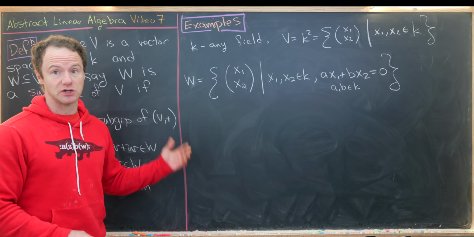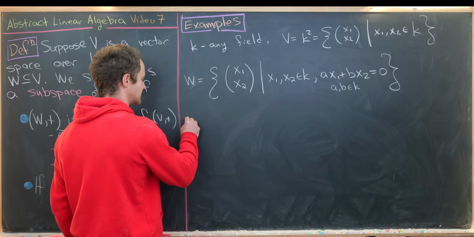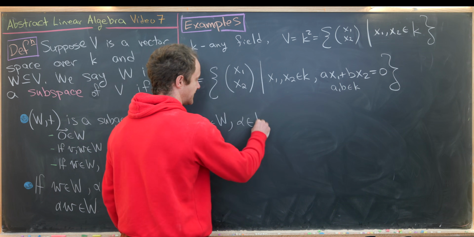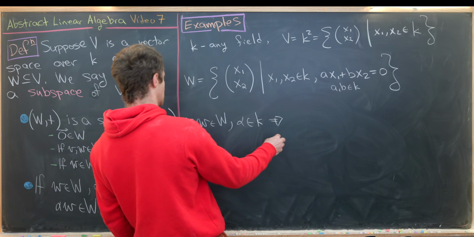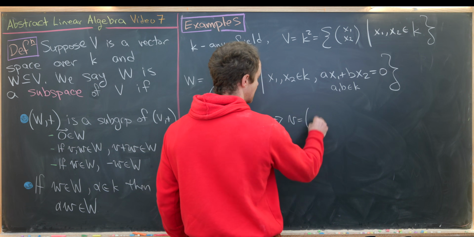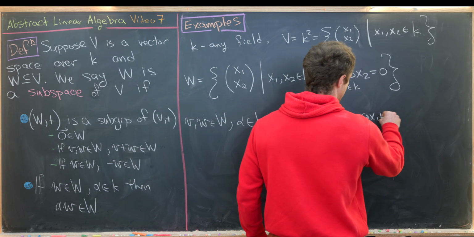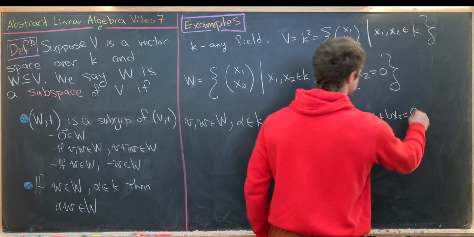We need to check that it's closed under addition and scalar multiplication. So let's take v and w in W, and then we'll take alpha in K like we just did. But this means that we can set v equal to (x1, x2) with a x1 plus b x2 equals 0.